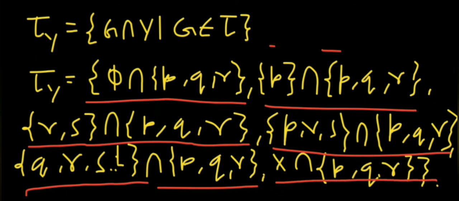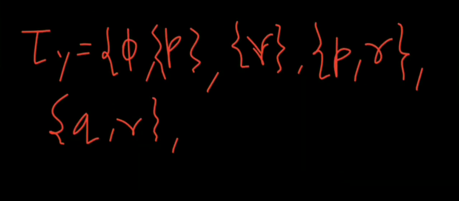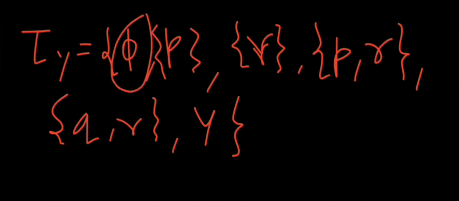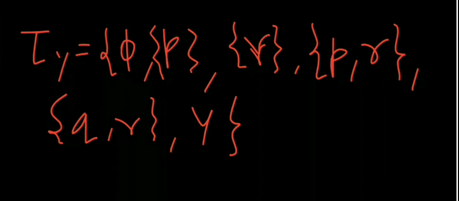So we will have the whole of Y, that is {P, Q, R}, your set Y. Now you can easily see that this topology contains phi and Y, and they are the essential elements of any topology. By definition, if tau Y is a topology on the set Y, then phi and Y are definitely members of this topology.